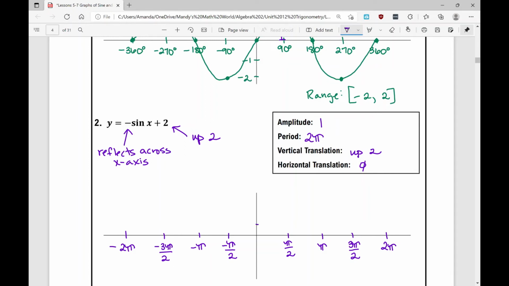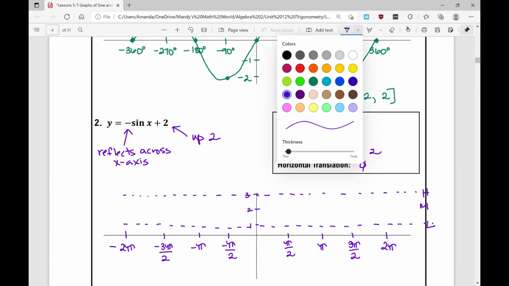Now I'm going to go up 2, and here's my new midline. There's 1, here's 2, there's 3, right? So that 2 is my new midline, which means this right here is my low line, and this right here is my high line right there. So there's my low line, there's my high line, and there's the midline.